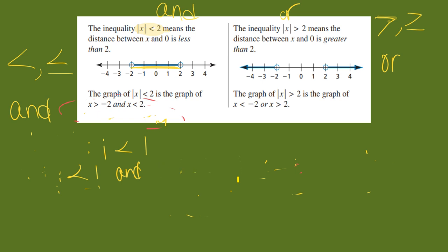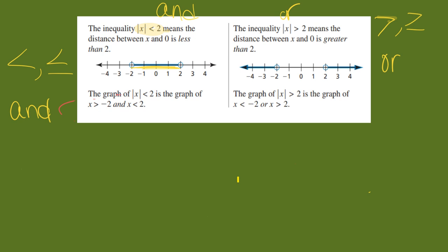What do you think it's going to happen? I'm still going to be in. What happens if now instead I have what? What am I going to have instead? I'm going to have the absolute value of x.